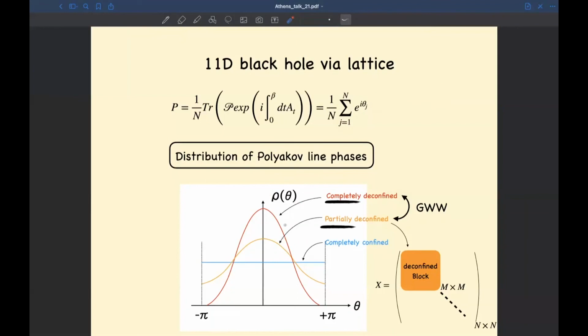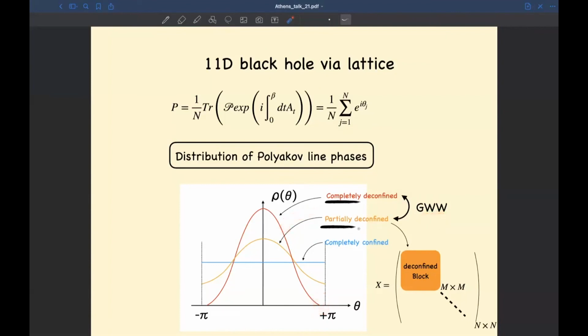When the distribution is uniform, we are in the completely confined phase. When the distribution becomes non-uniform and non-gapped, we are in the partially confined phase, while the transition from partially confined to the gapped non-uniform distribution is known as the Gross-Witten-Wadia transition.